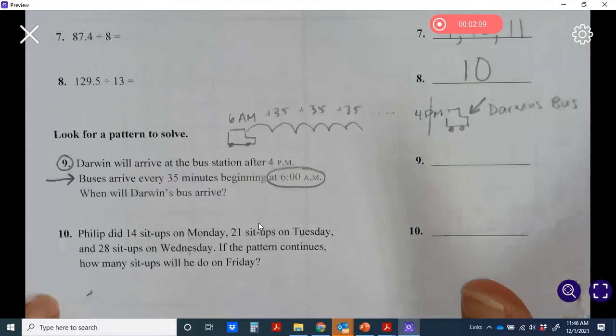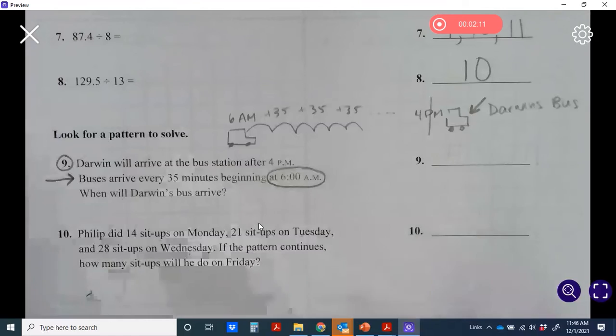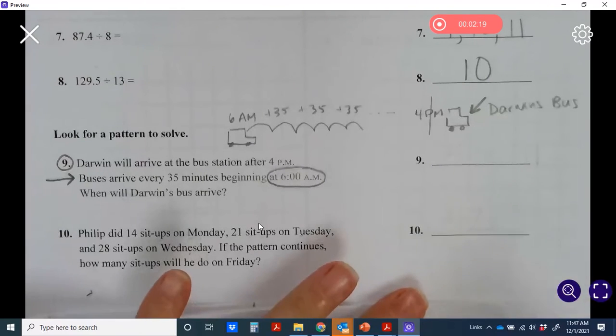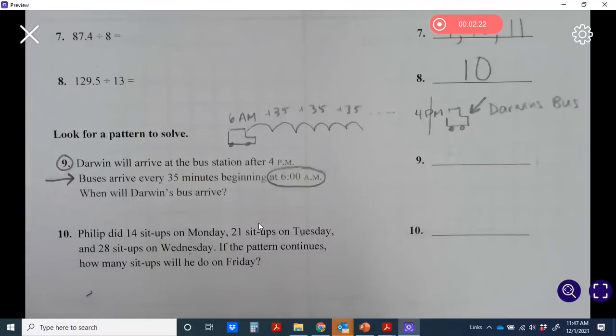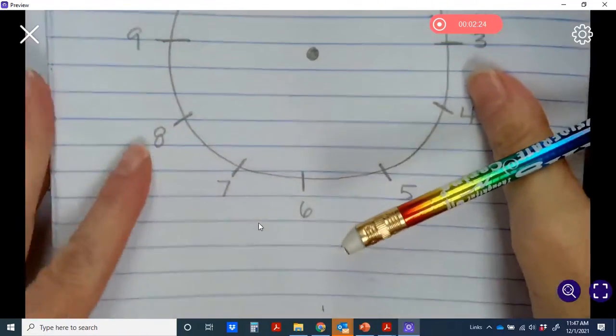All right. Now I made a timeline and I added 35 minutes, and then I thought it got kind of complicated. So I realized that maybe just having a clock would be better. So that's what I'm going to do here.